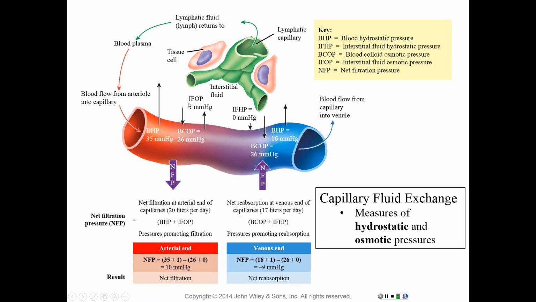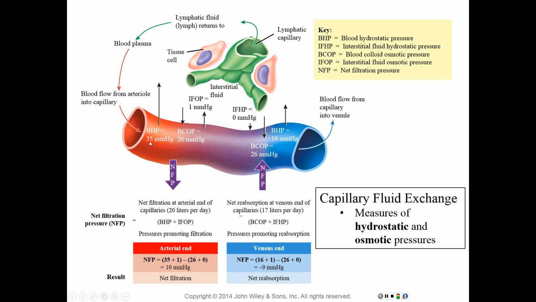Likewise, at the same exact time, there's an opposing force that's generated by that albumin that we call the blood colloid osmotic pressure. Remember, colloid is something that does not dissolve, so that albumin does not break down or dissociate, it stays as albumin. So these two forces are really opposing each other, but one's a push out and one's a pull back in.